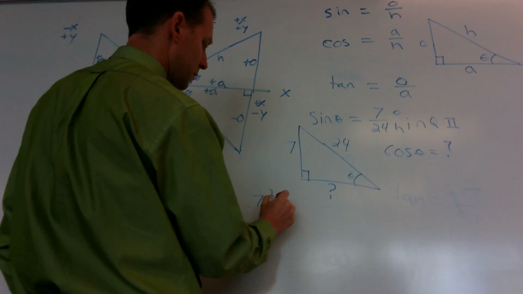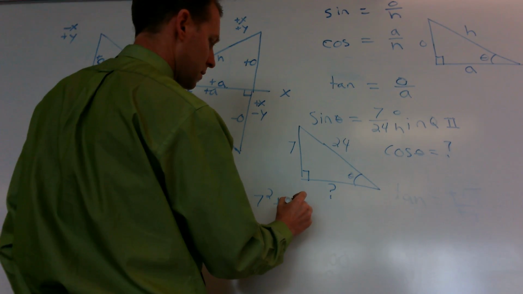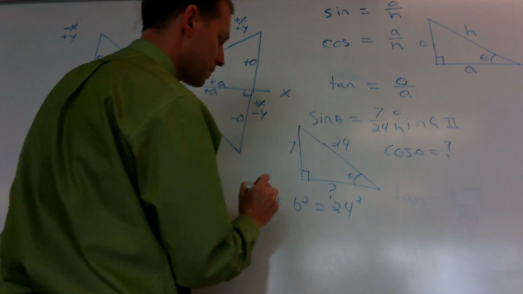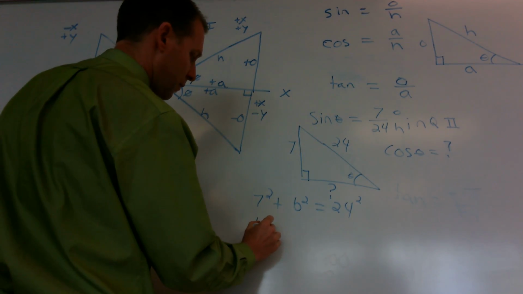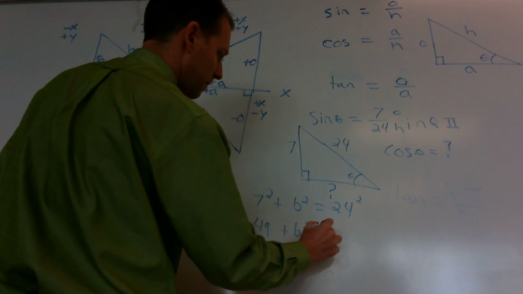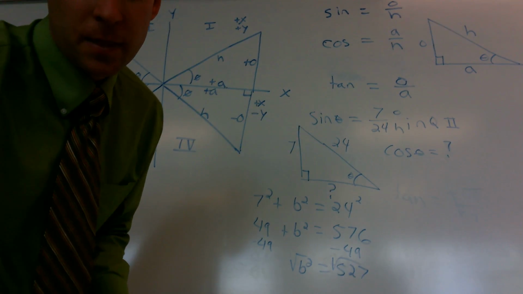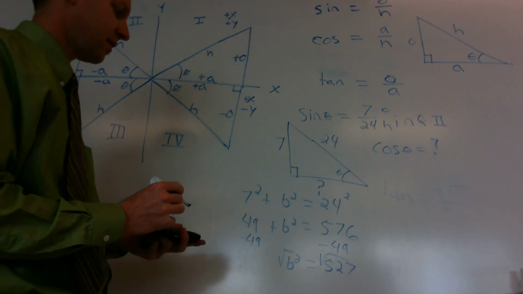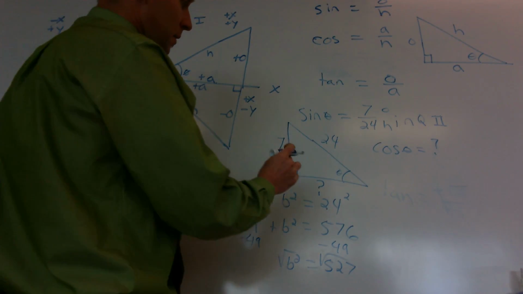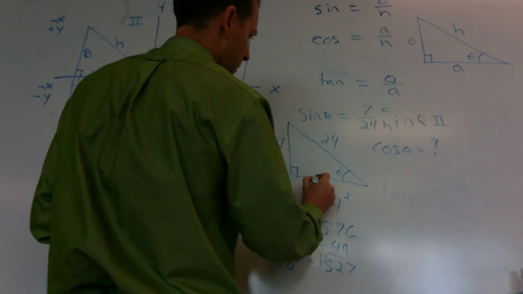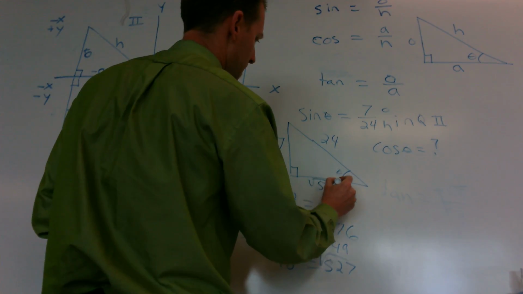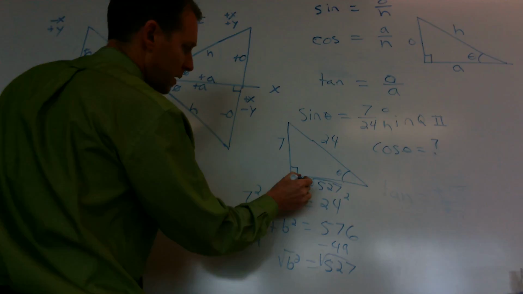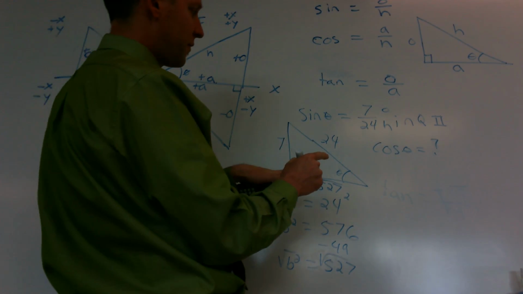So 7 squared plus b squared equals c squared. That's giving us 49 plus b squared, and so that means b is going to be square root of 527. And remember, if we look up here, this is a negative x coordinate, so that is a negative sign right there.